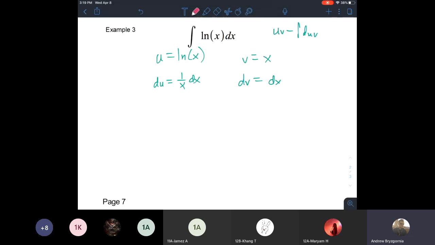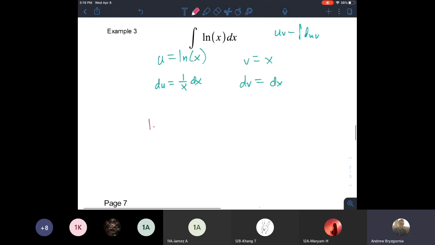And that means that we will have uv is natural log of x times x, minus the integral of v du. And of course, in that integral, the x's are going to cancel and it will just become 1.